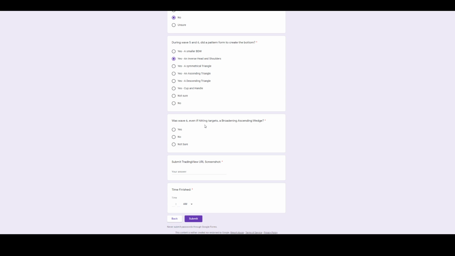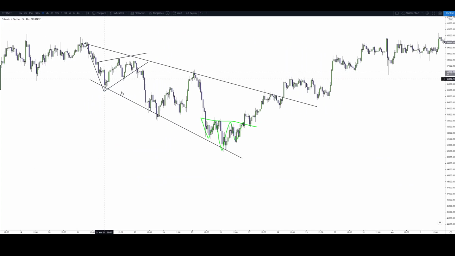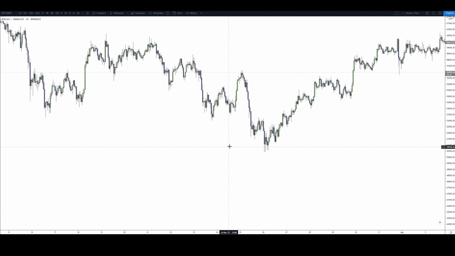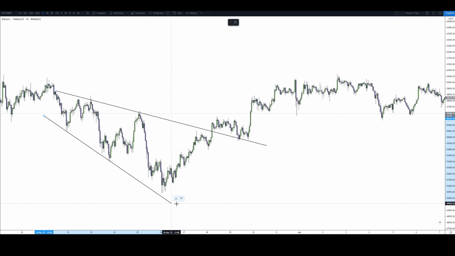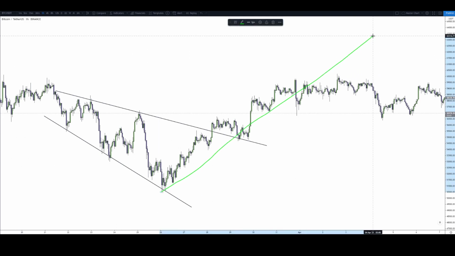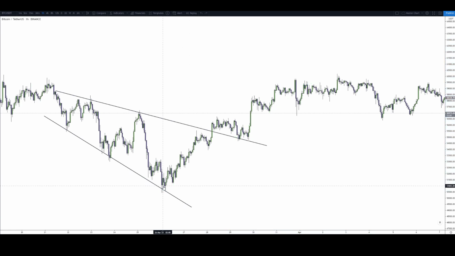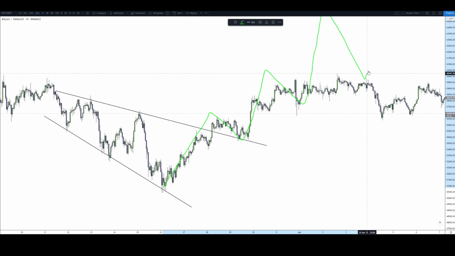Was wave 6, even if hitting targets, a broadening ascending wedge? So wave 6 continued, so we zoom out a wee bit, and we draw in our broadening descending wedge here. So when this wave 6, or the continuation of the breakout in this direction, did it become a broadening ascending wedge? Did it come up, come down, come up, come down, and then go again, before rolling back over?